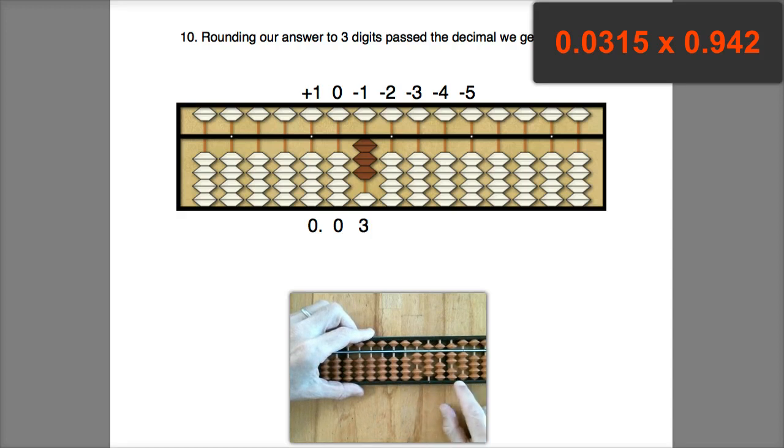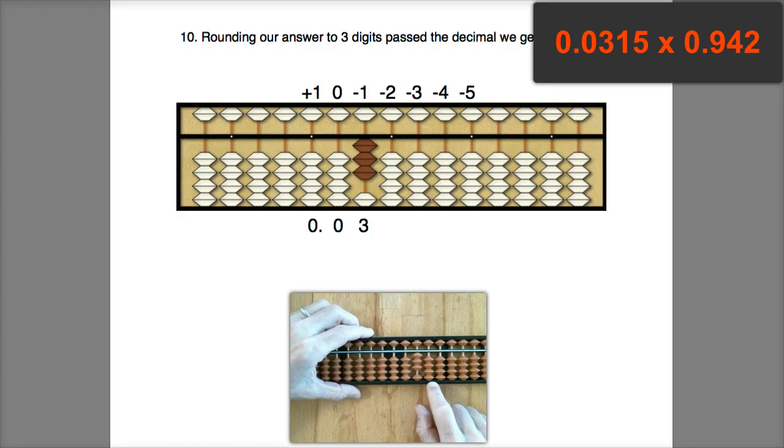To round this to 3 digits, well, here this first 0 is 1, then this is 2, so I have to round to here. To round this, I'm going to look at this 6, so I need to round this up. To do that, I'm going to add 1 here, make that a 3, this is 0, and then I no longer need these. So my final answer will be 0.03, and then a 0 that we don't need to write.